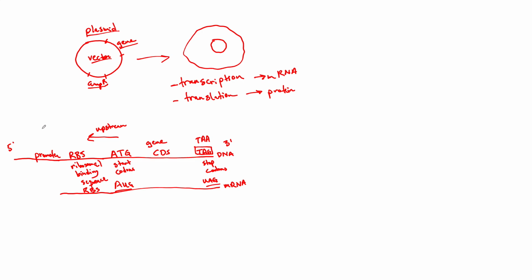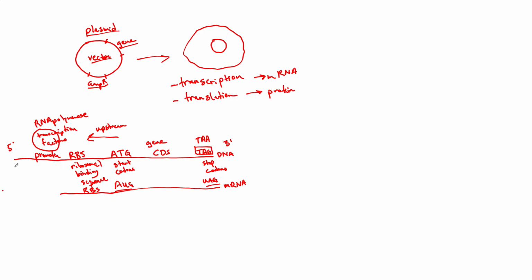One of the main things that it does is it binds transcription factors, and one of the most important of those transcription factors is RNA polymerase, RNA polymerase II to be specific. This is necessary for transcription to happen because, of course, RNA polymerase is what creates the mRNA, and so it, together with other transcription factors, binds to the promoter region and transcribes the DNA into the mRNA.